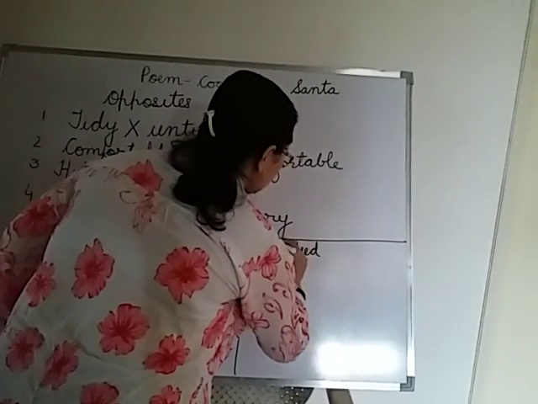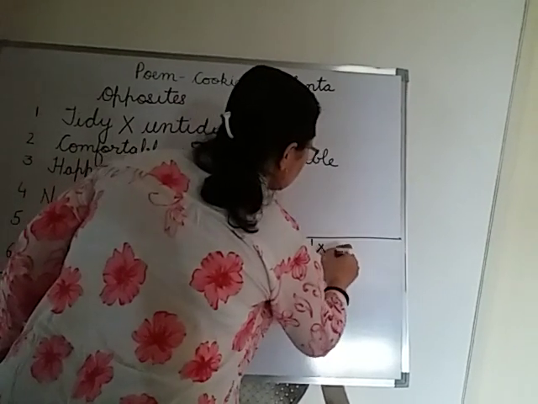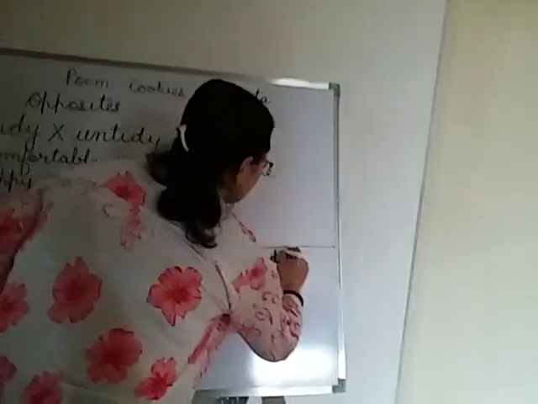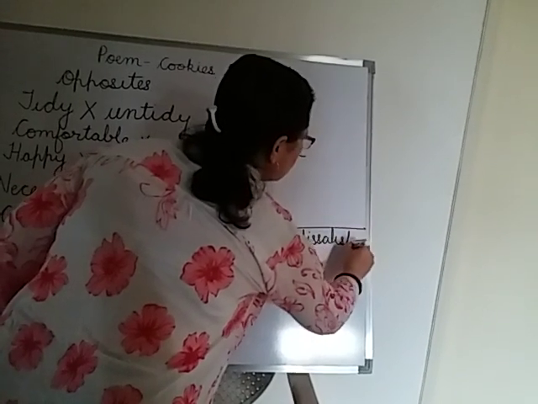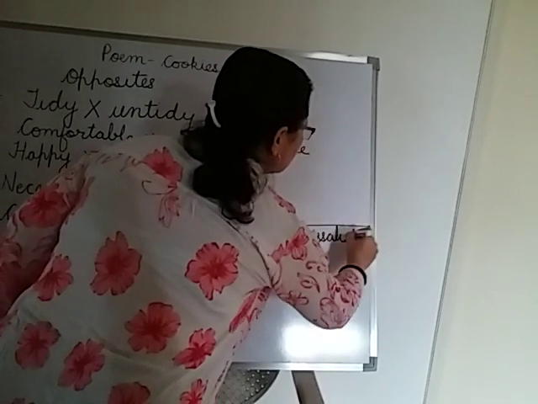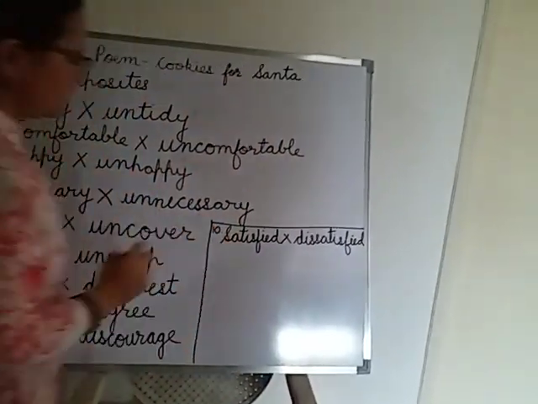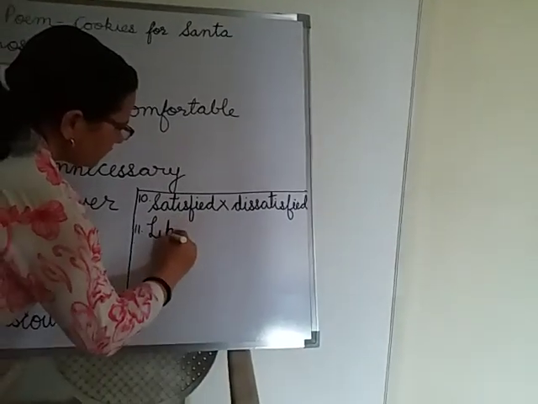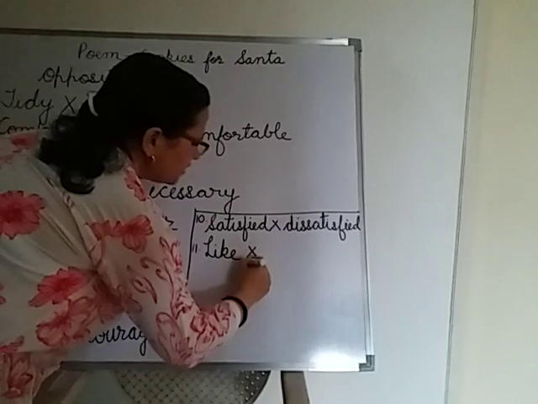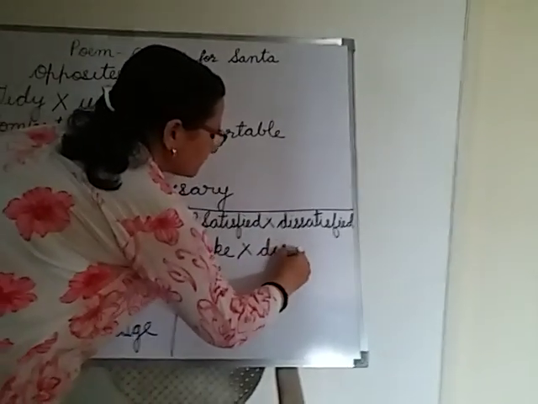The opposite is dissatisfied. Next word is like. Like, the opposite is dislike.